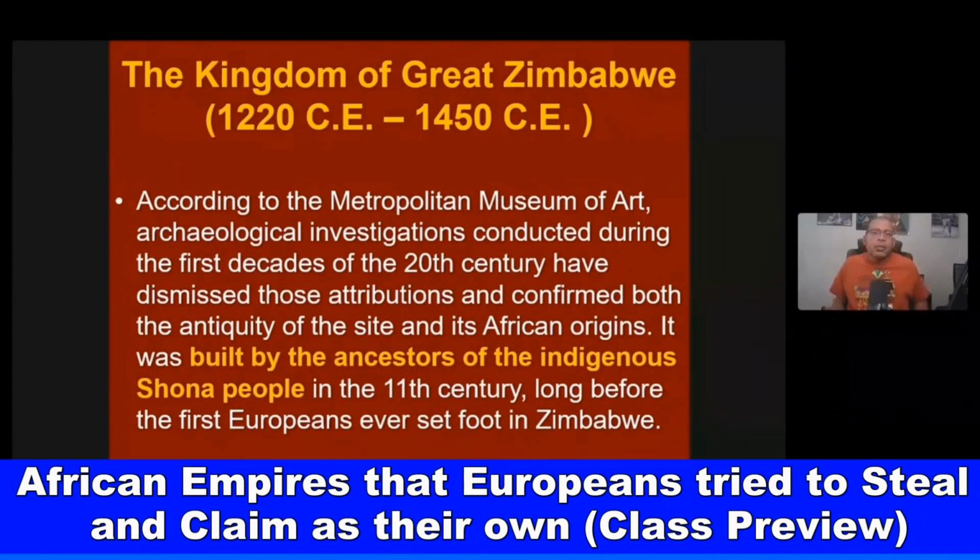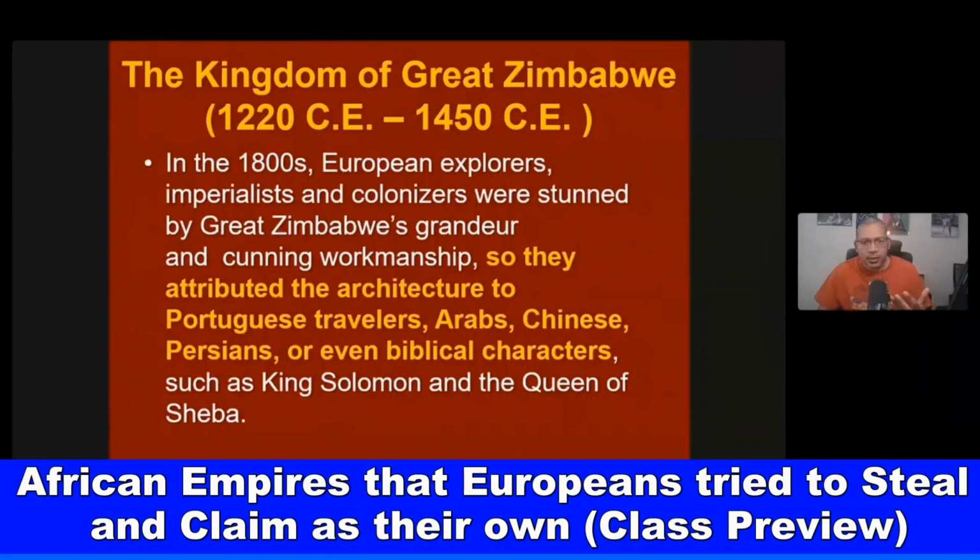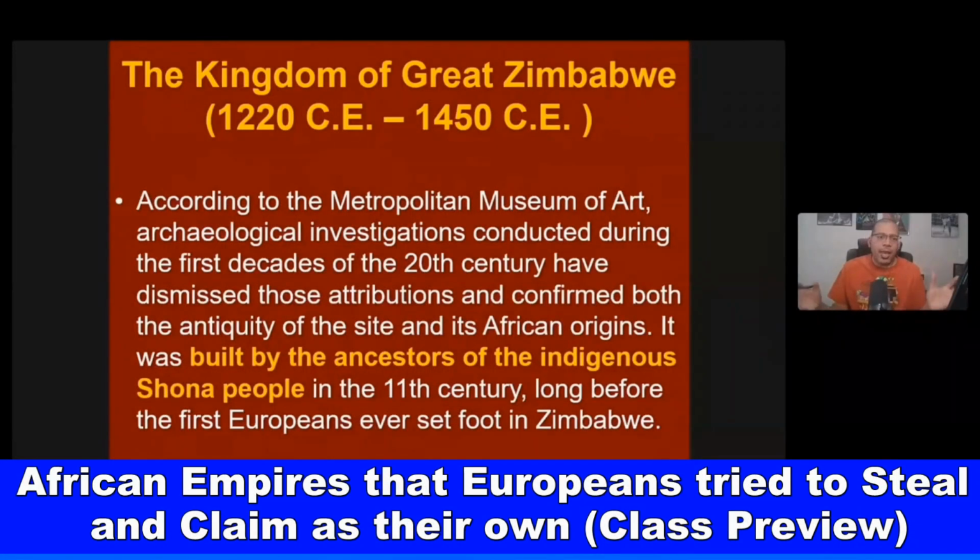Now, according to the Metropolitan Museum of Art, archaeological investigations conducted during the first decades of the 20th century have dismissed those attributions to the Arabs and the Chinese and the Persians and the Portuguese and things of this nature, and biblical characters, etc. They have confirmed both the antiquity of the site and its African origins.